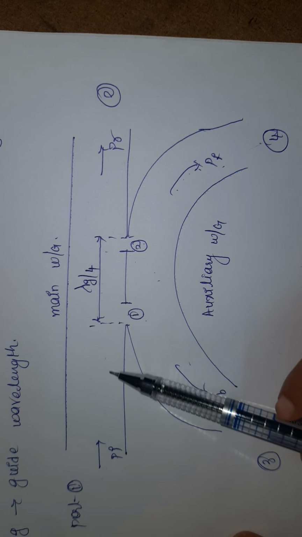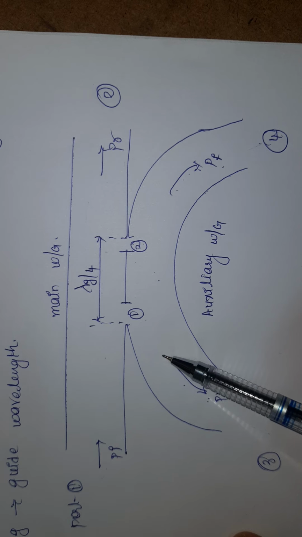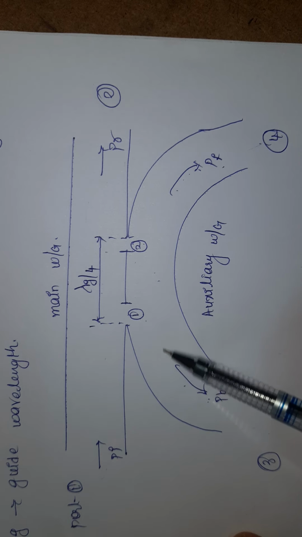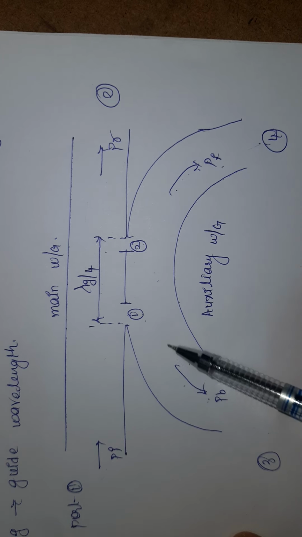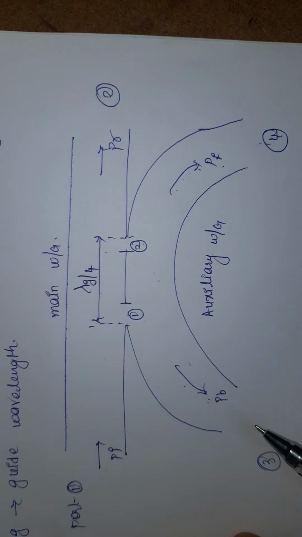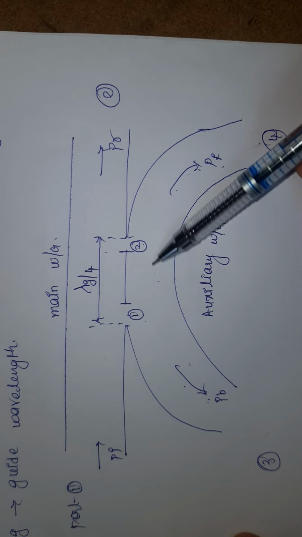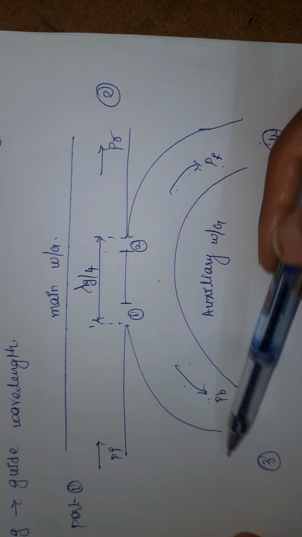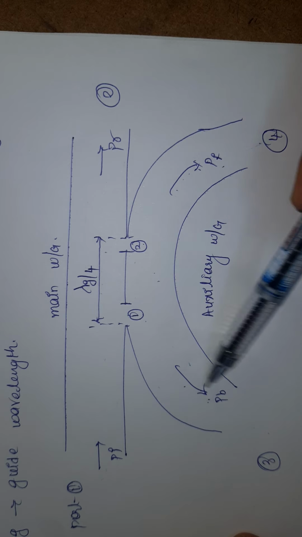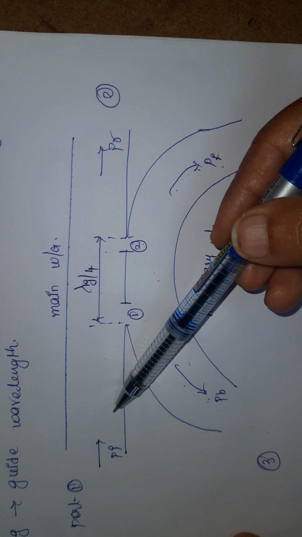One power is traveling like this and another power is coming like this. The incident power is in this direction, but here the power is in this direction, that is the back power. That's why it is known as back power. The direction is different compared to the incident power.